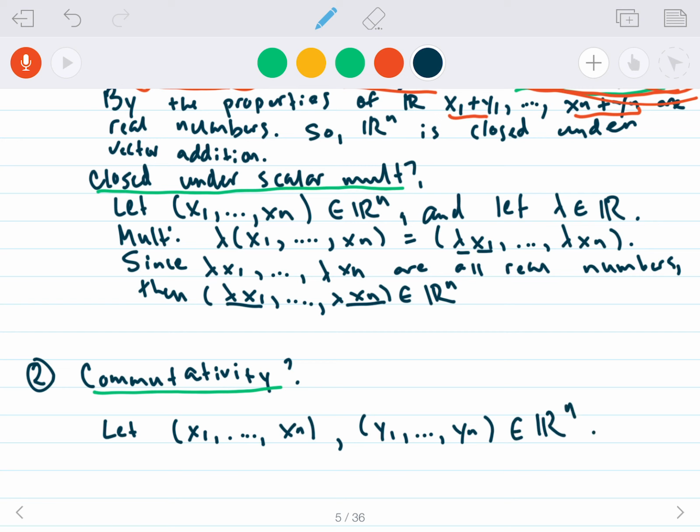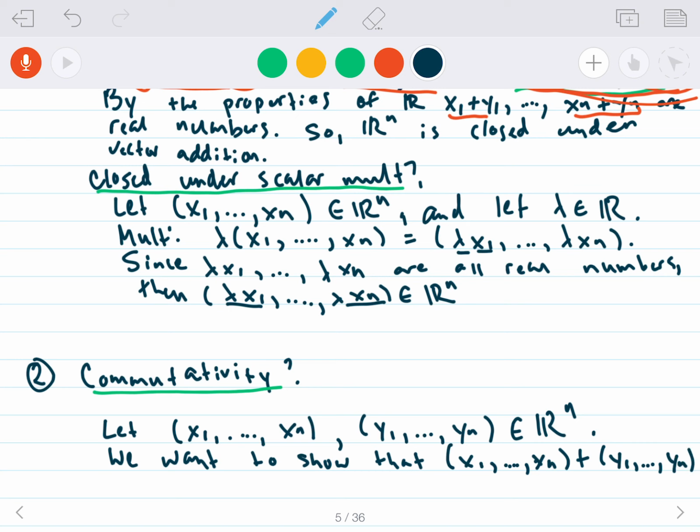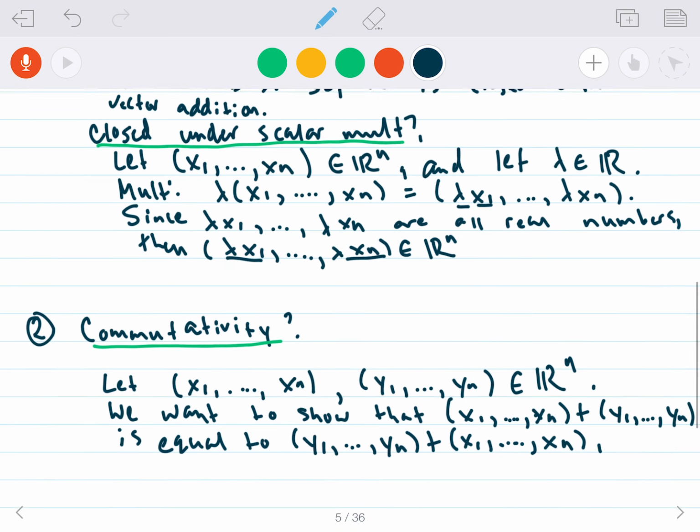We want to show that x1 dot dot dot xn plus y1 dot dot dot yn is equal to y1 dot dot dot yn plus x1 dot dot dot xn. So we want to show this to show commutativity. So this is not too bad.